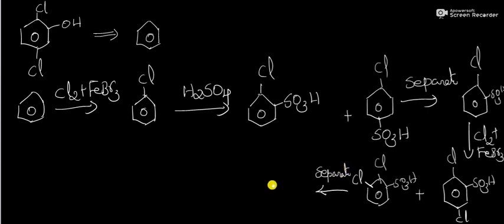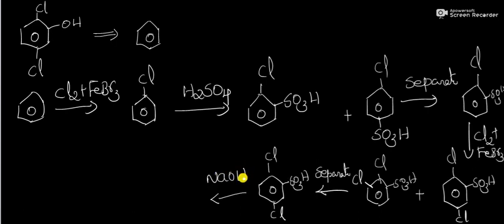Here we select the para substituted product, which on treating with sodium hydroxide, the SO3H group will be substituted by an OH group, that is Cl, OH, Cl. This will be the product, and this is our target molecule.